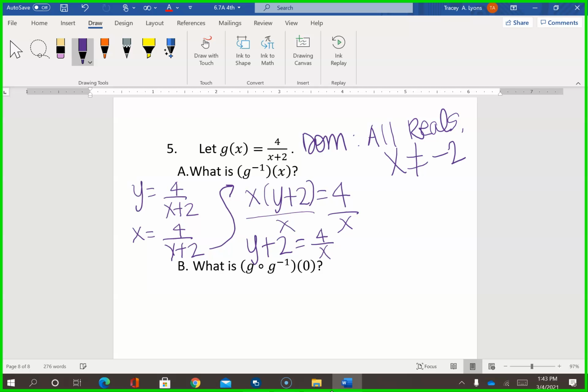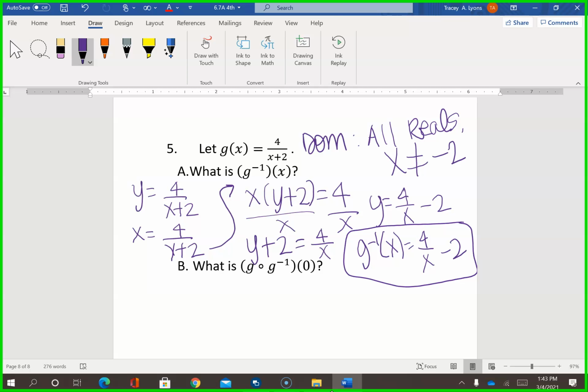And then we subtract 2. 4 divided by x minus 2. Okay, that one is solved. And then I need notation. So the inverse is 4 divided by x minus 2.